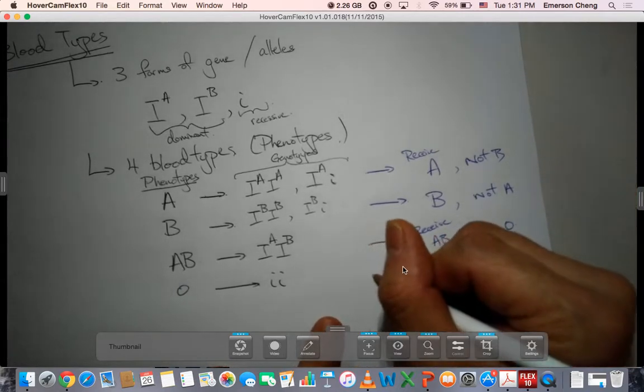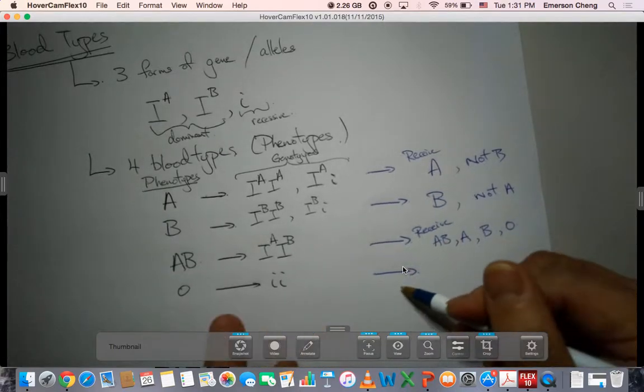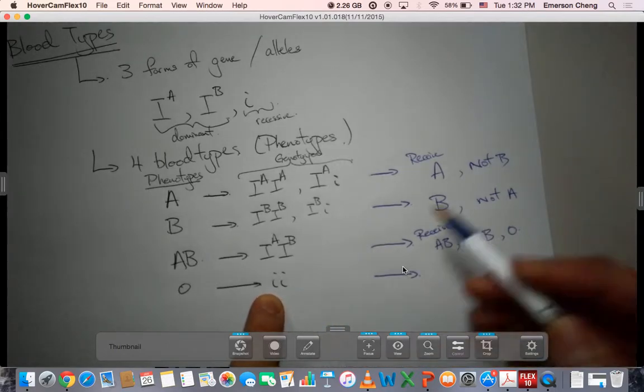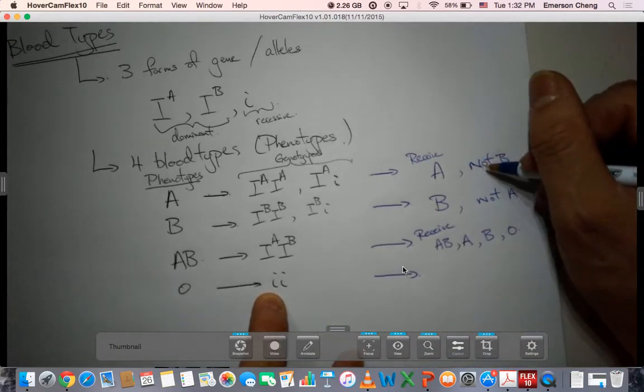And speaking of which, type O, because their cells don't produce the antigens on their cells, none of the blood cells will have those antigens, which means their blood can be given to everybody.